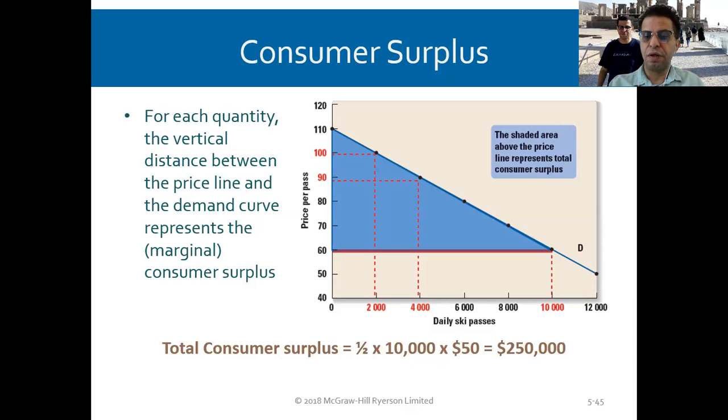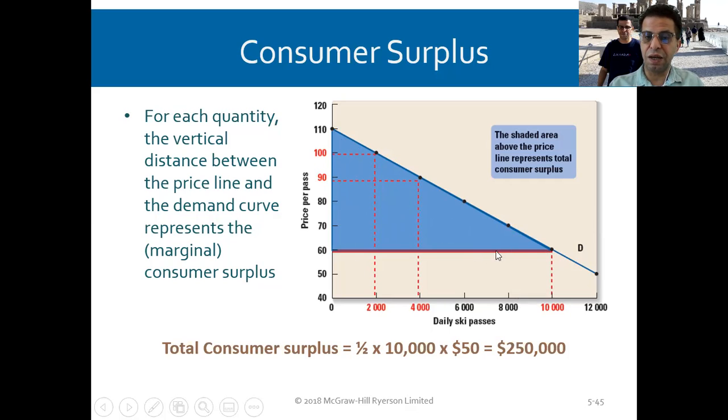In the graph, the shaded area above the price line represents consumer surplus. You're buying at a price of 60, yet you're willing to pay a price of 70, 80, but you're buying all this quantity at 60.